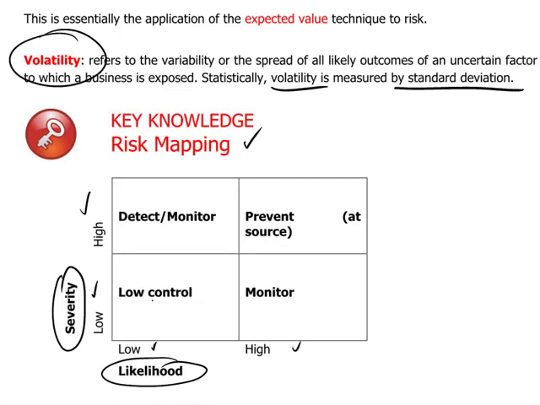And one can see here in the case of a low likelihood and a low severity, the amount of management time which is required is relatively or quite modest. In cases where the likelihood is on the high side but the severity is low, then it's a question of monitoring.